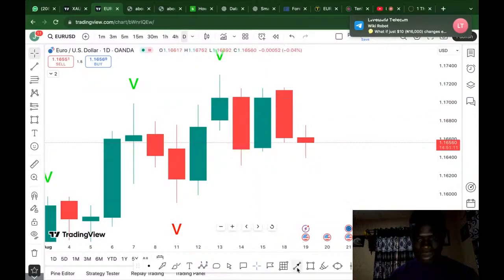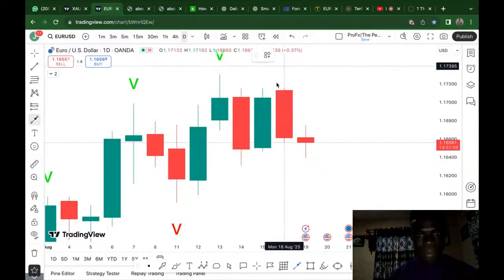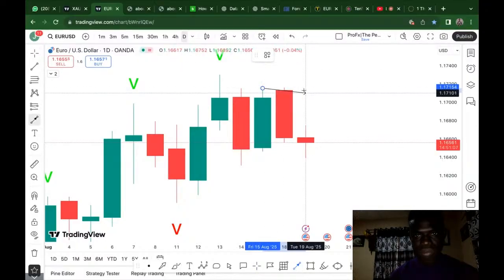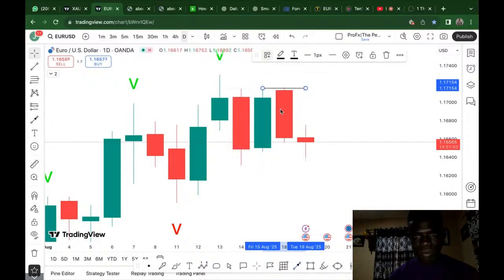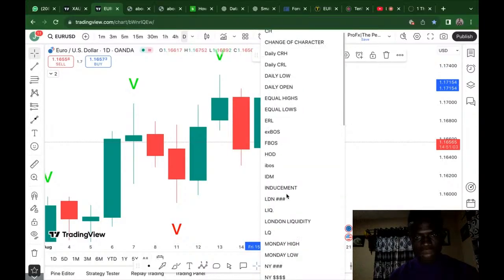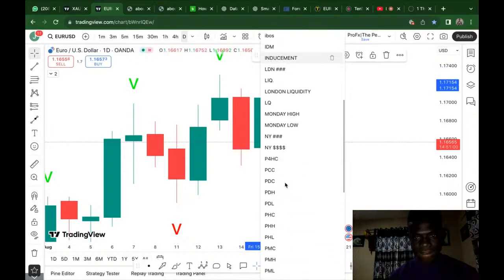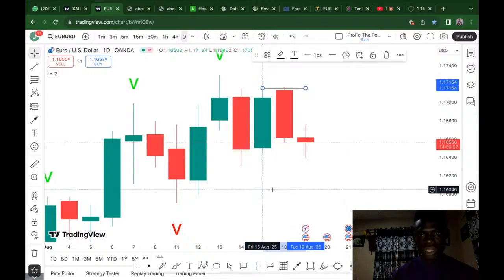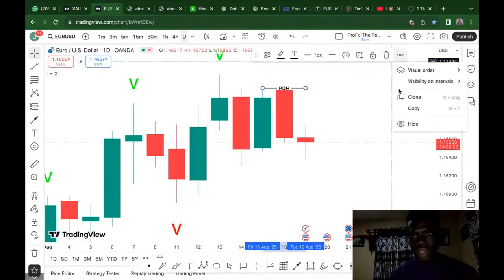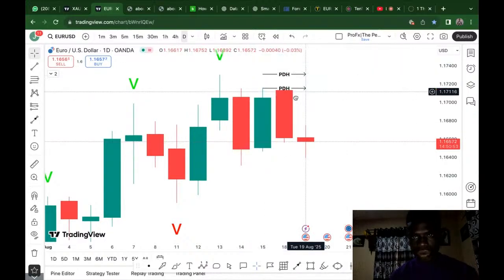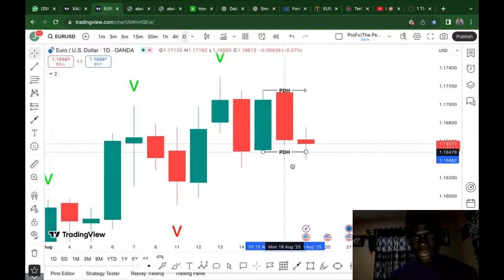That's step one. Mark the previous day's high, that's PDH. Then mark the previous day's low, that's your PDL.